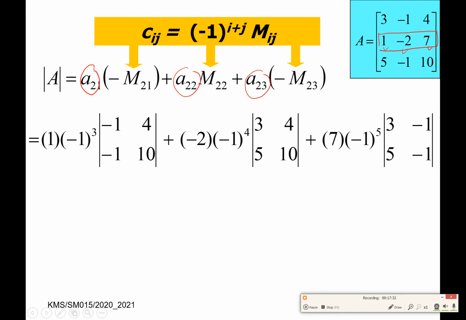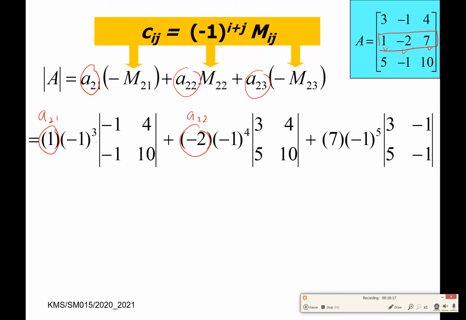Okay, so from here, A21 is 1, and here is A22, -2, and 7, A23. Okay, and this is the ij. Ij mean is 2 plus 1, 3. 2 plus 2, 4, and here 2 plus 3, 5. Okay, so we need to go one by one. If you look on here is 1, 2, 1. Okay, what's the idea of 2, 1?